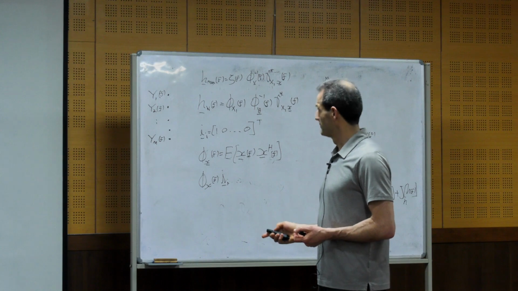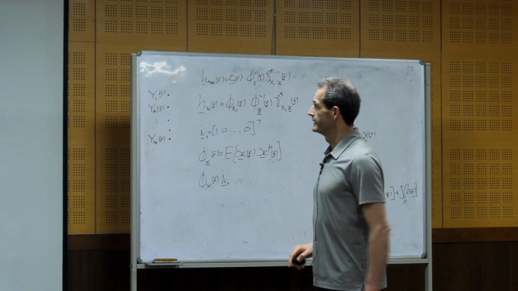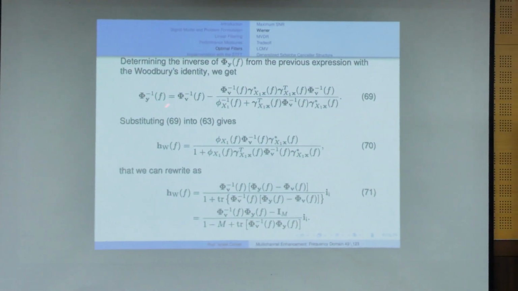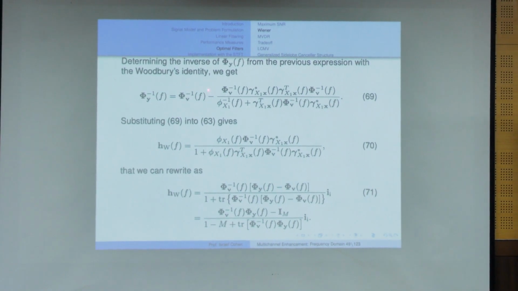Okay, let's continue. Now, using Woodbury's identity, we can replace the inverse of this matrix by this expression. If you are not familiar with that, please look on the internet, what is the Woodbury identity, and try to prove this relation.